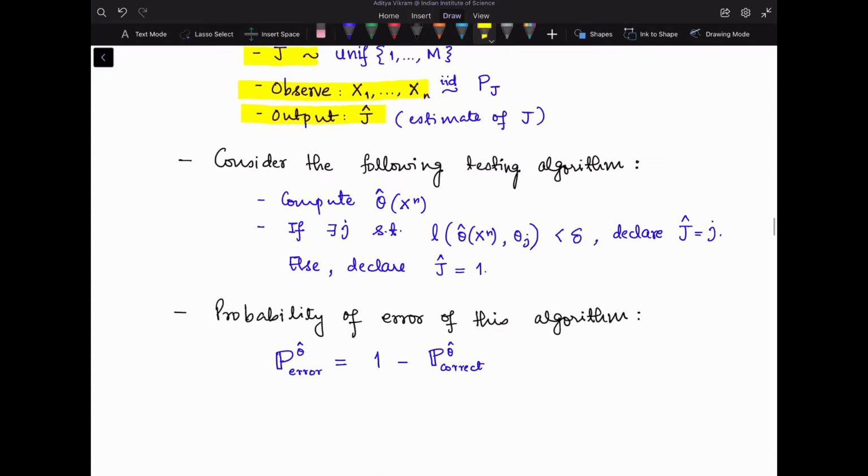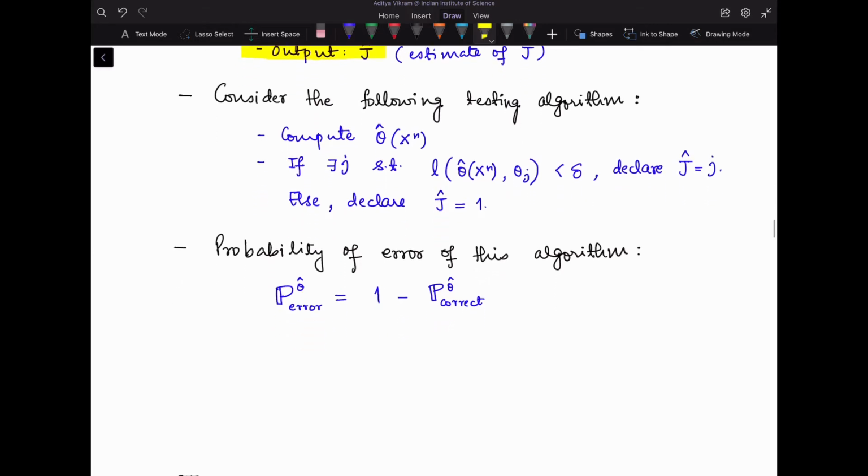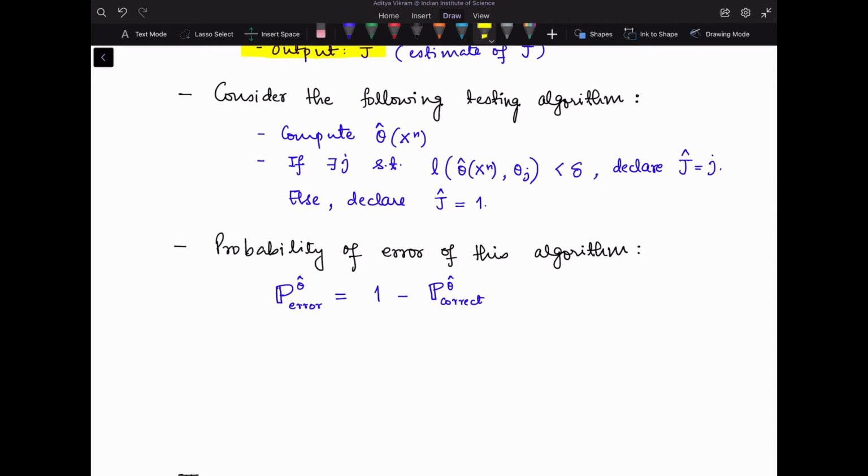Now this is an M-ary hypothesis testing problem, since you want to select one out of m alternatives. We consider the following testing algorithm, which is based on our estimator. We compute theta hat of xn. If there exists some j which is delta close to theta hat, we declare that j as our answer to the hypothesis testing problem.